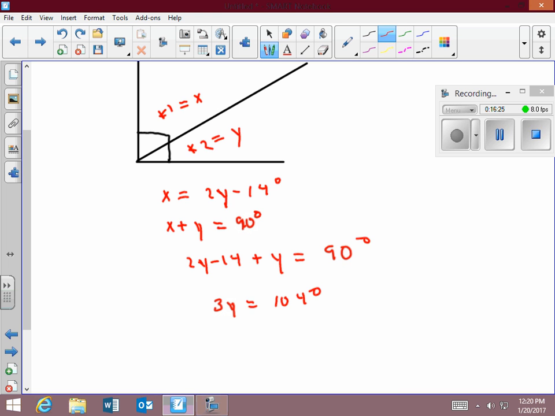Is that right? Angle 1. Now that's 28, right? 20y. So this one is 28 degrees.